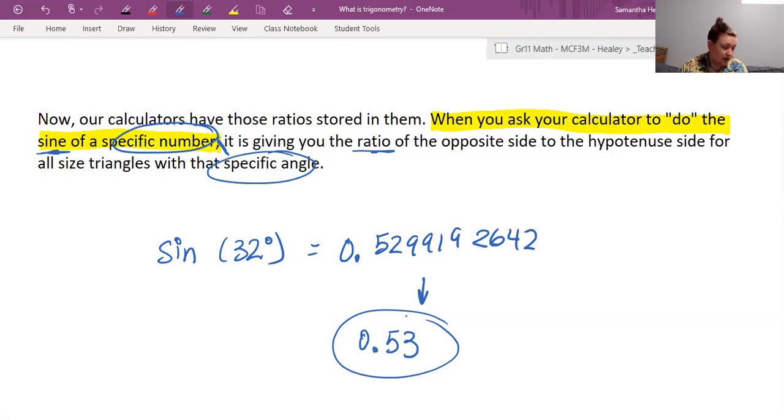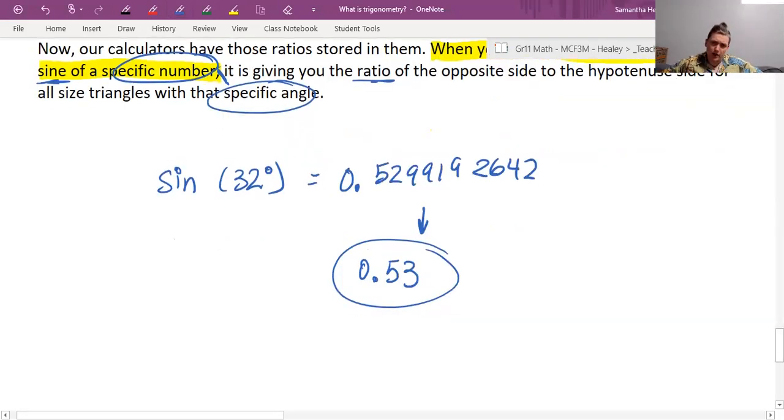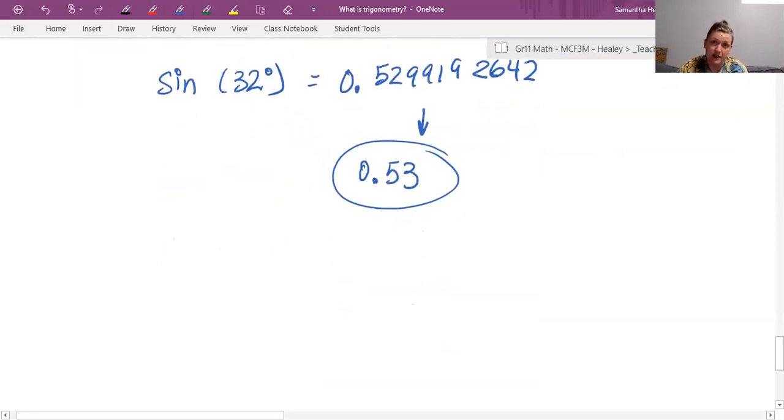In your calculator, the only thing that might throw you off is there's 2 different ways that we use to measure angles in math. One we use mostly for triangles, and we use it a lot for maps of land, and that's degrees. That's what you've seen before, like 1 degree, 2 degrees, 90 degrees, 45 degrees, 360 degrees.